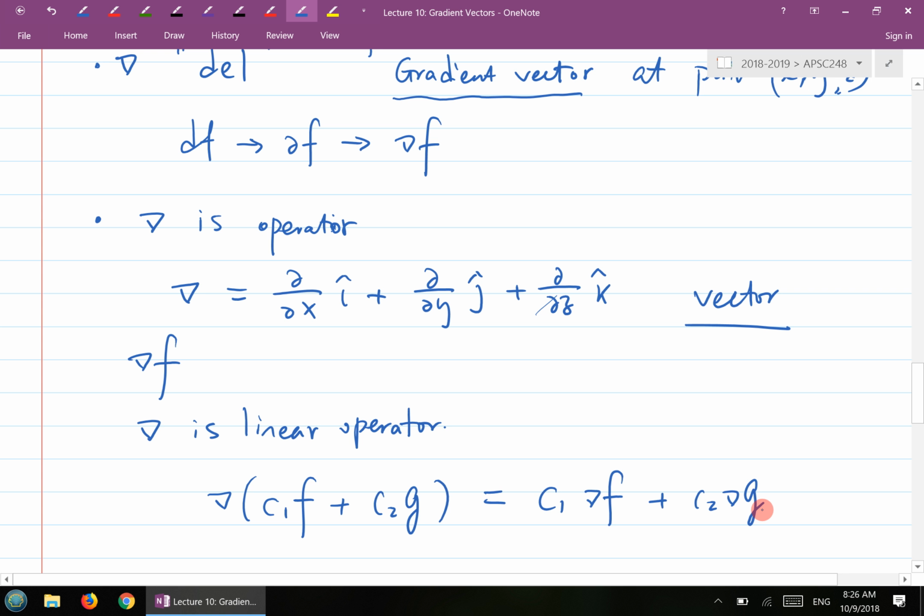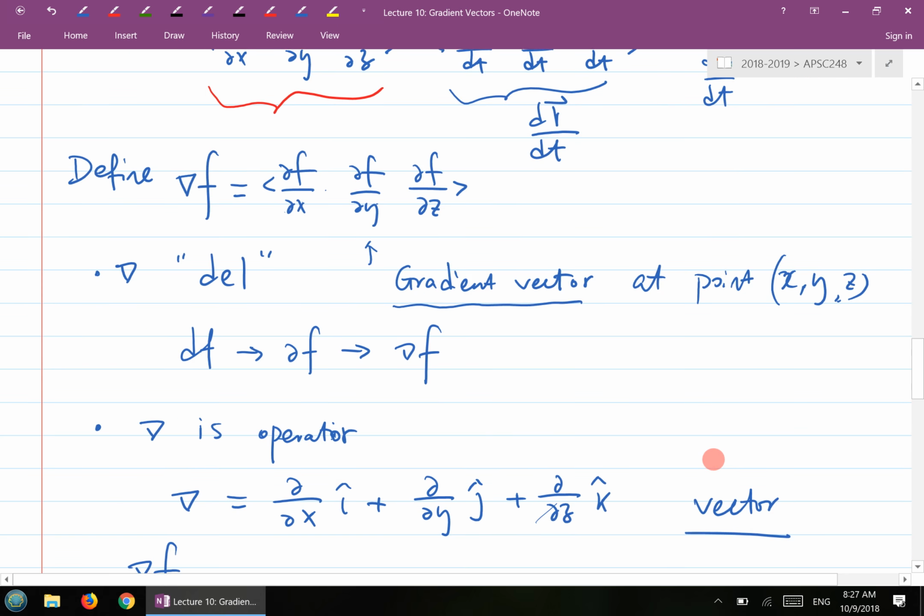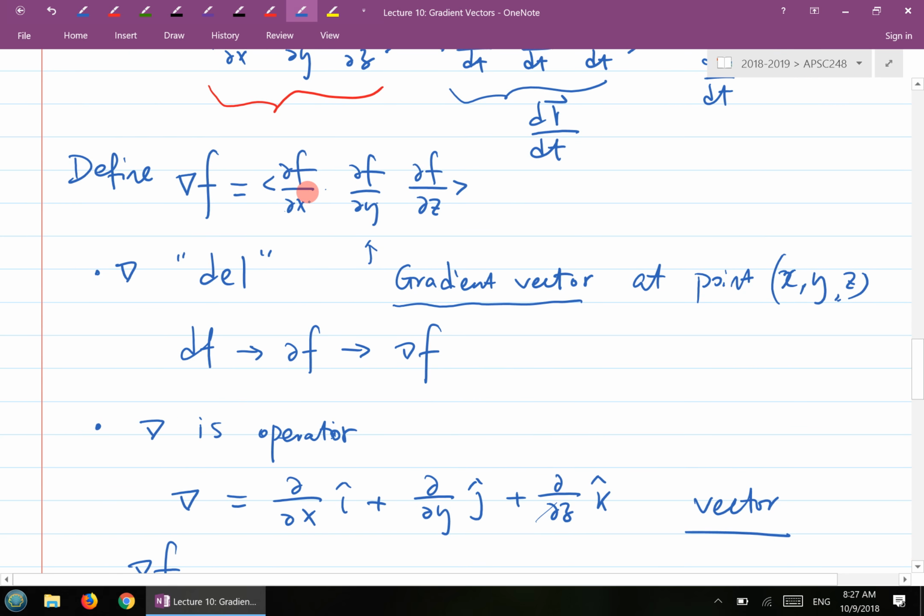So mathematically you can see that the gradient vector is very, very simple. All you need to calculate are three partial derivatives. That's it. And then you put them into the vector format, you get your gradient vector. So computation-wise, very straightforward.